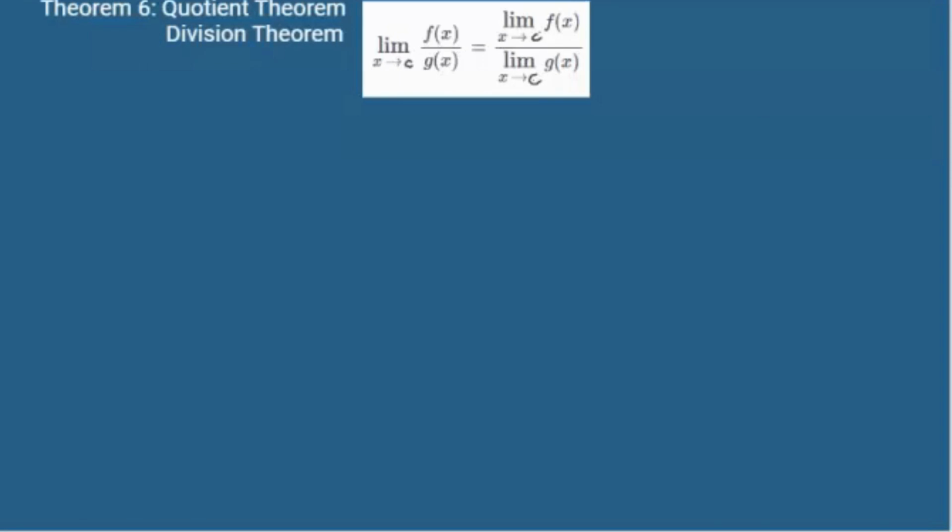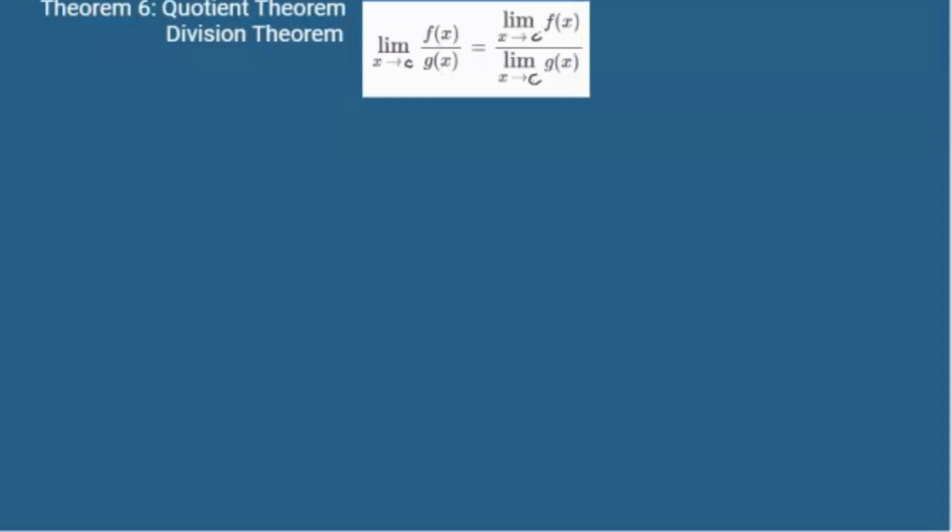Hi, so we are still with the different theorems of limit of a function. For theorem 6, it's called the quotient theorem or division theorem. It states that the limit of the quotient of two functions as x approaches a certain value c is equal to the quotient of their limits.